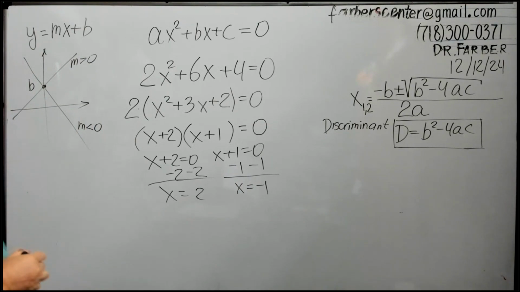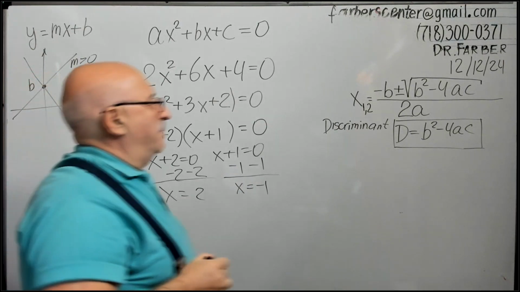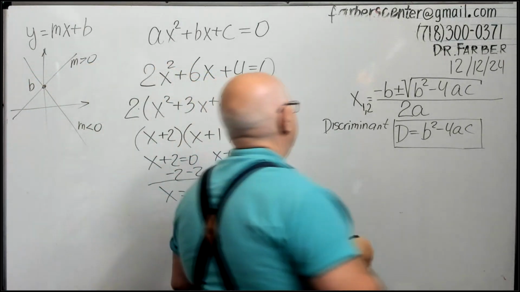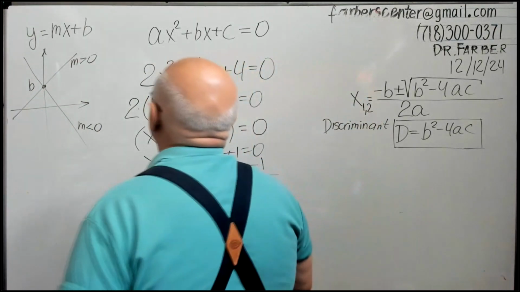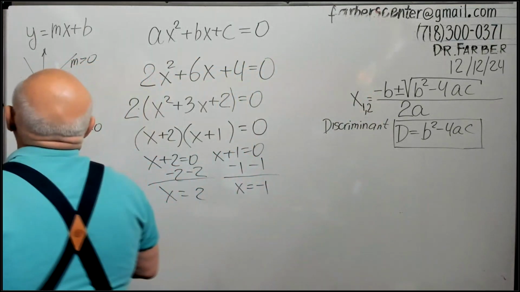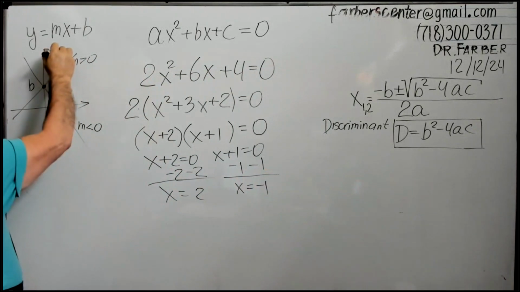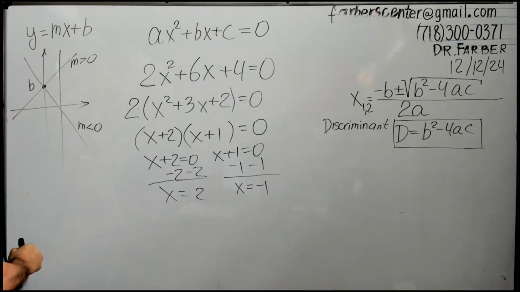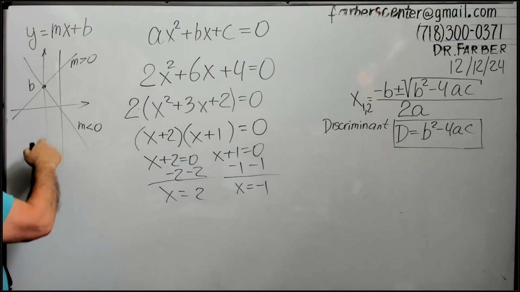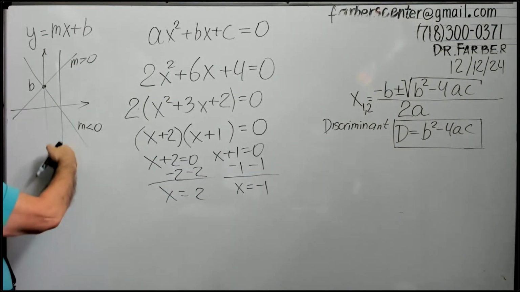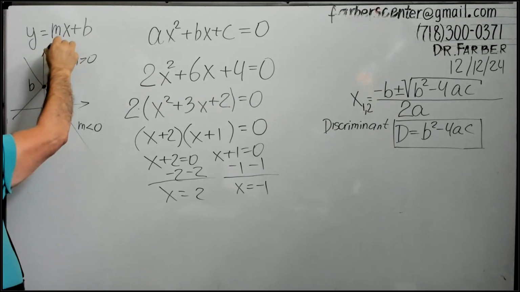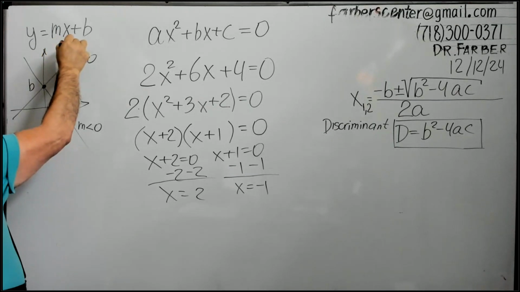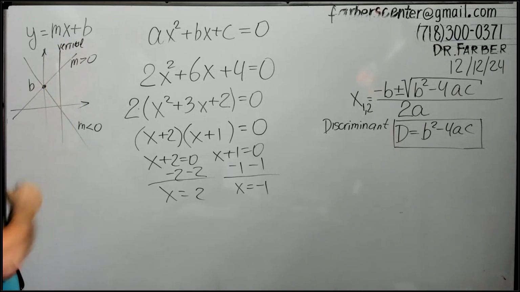Okay. But if you have a line like this, a vertical line, what is the slope of a vertical line? Pretend this line is vertical. Can you write the vertical line slope here?